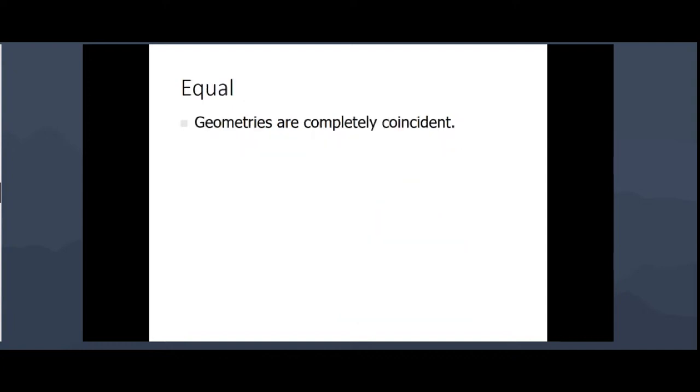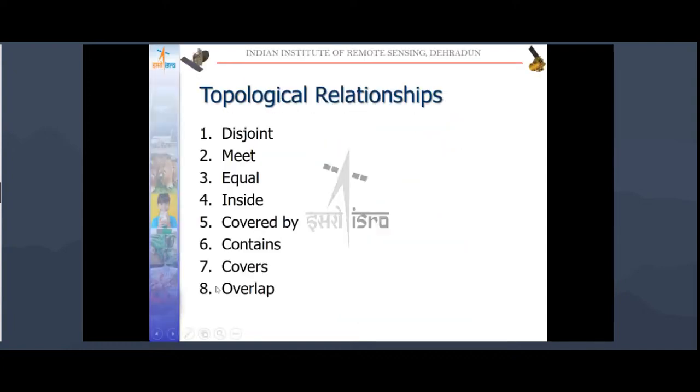So disjoint means where features are not overlapping. They are neither touching nor overlapping nor intersecting, nothing. They are separate features. Suppose you are having a feature A and feature B, they are not touching, not intersecting, no touch either from inside or outside. They are separate features. So this is the disjoint relationship.